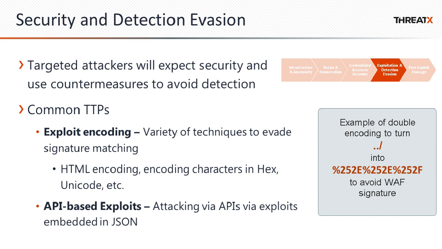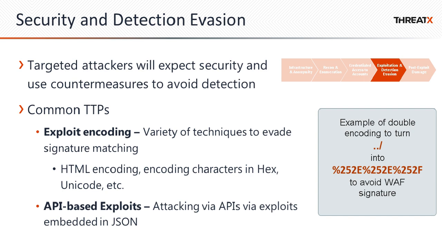An example of this is encoding, like HTML encoding or base64 or hex encoding, Unicode. There are just so many different ways to encode, and then you can encode multiple layers. If you look over to the right-hand side there, that's an example where you're taking your traditional directory traversal string of ../ and you might have multiples of those.